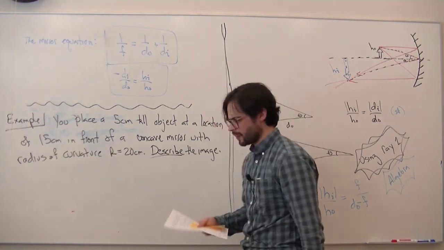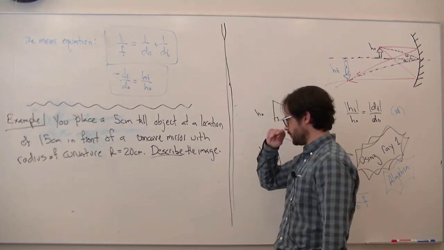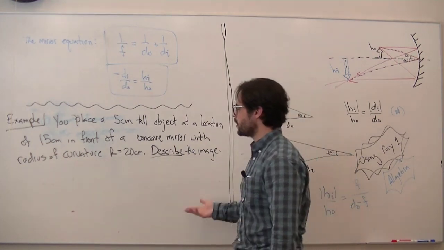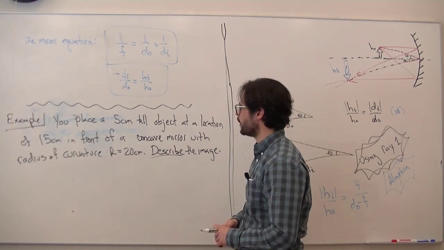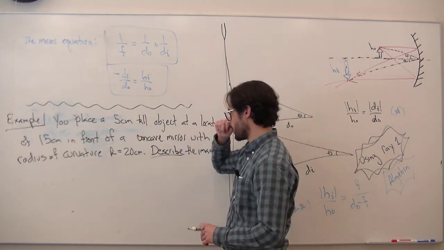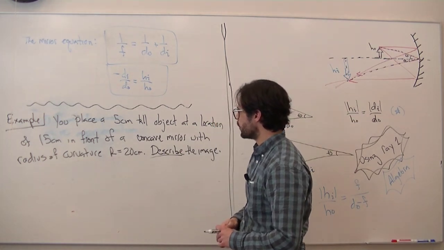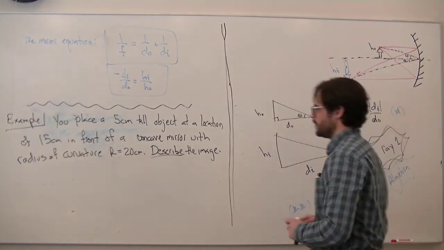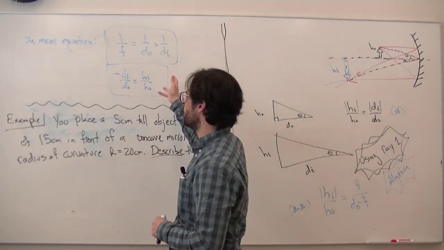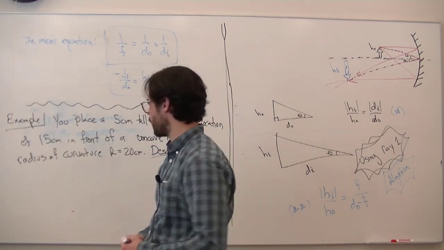So I guess there's one piece of jargon in this: describe the image would mean tell me where it is and tell me its magnification or its height. In this case, because we know how tall the object is, giving its actual height would be good enough. So even though we have the mirror equation, I'm going to include another ray diagram because you can't see enough ray diagrams.